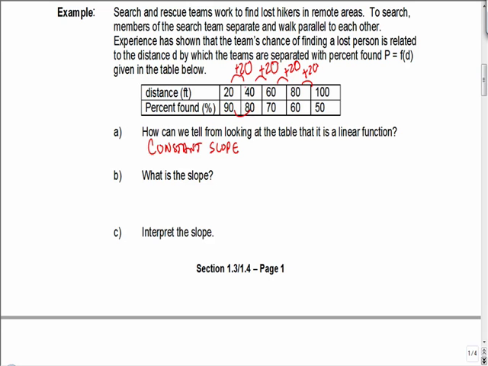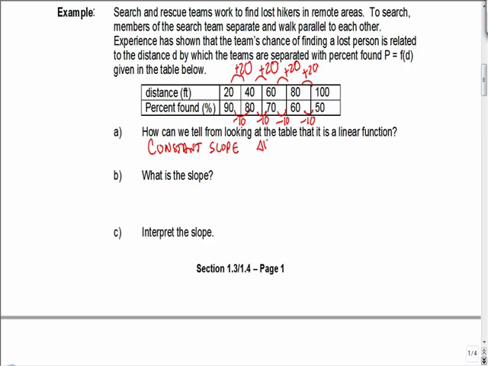While the outputs go down by 10. So notice, no matter which points we pick, our slope will always be constant.